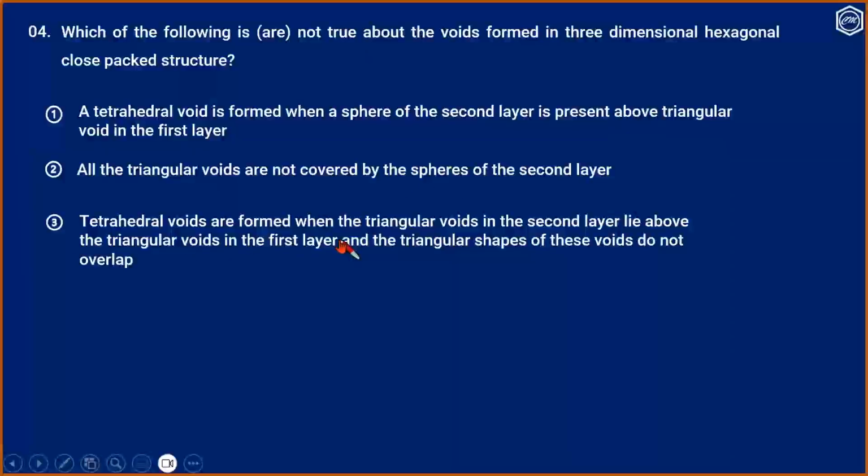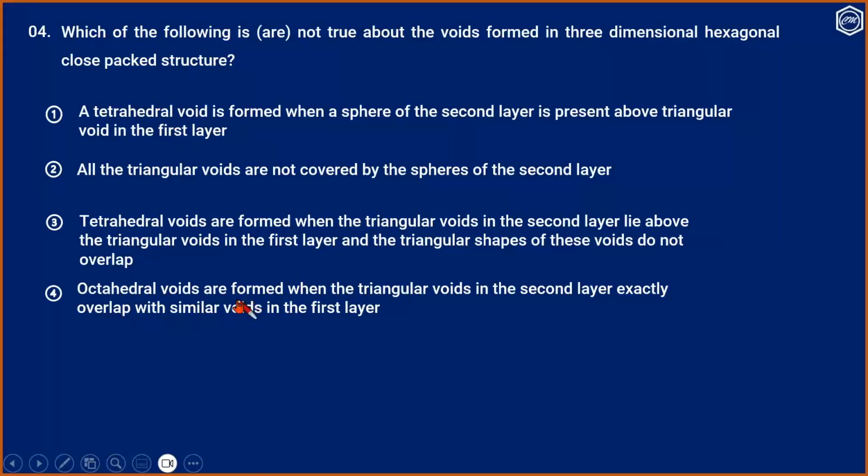Tetrahedral voids are formed when the triangular voids in the second layer lie above the triangular voids in the first layer and the triangular shape of these voids do not overlap. 4. Tetrahedral voids are formed when the triangular voids in the second layer exactly overlap with similar voids in the first layer.